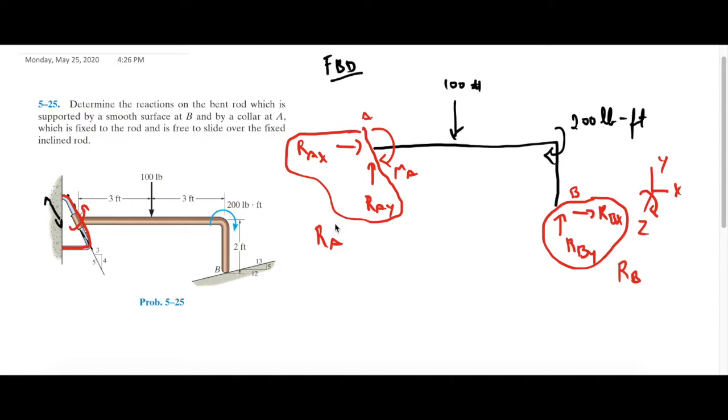However, we have to quickly realize that due to the geometry constraints, we're already told which direction the reaction goes. It's not going to have an X. Well, we will have an X component and a Y component, but it's already telling us the direction of reaction A. So we don't have to split it into X and Y components to then find out which direction it's really going.